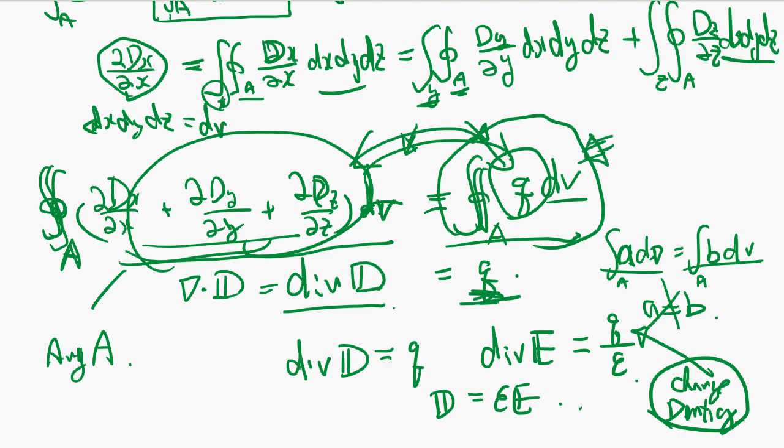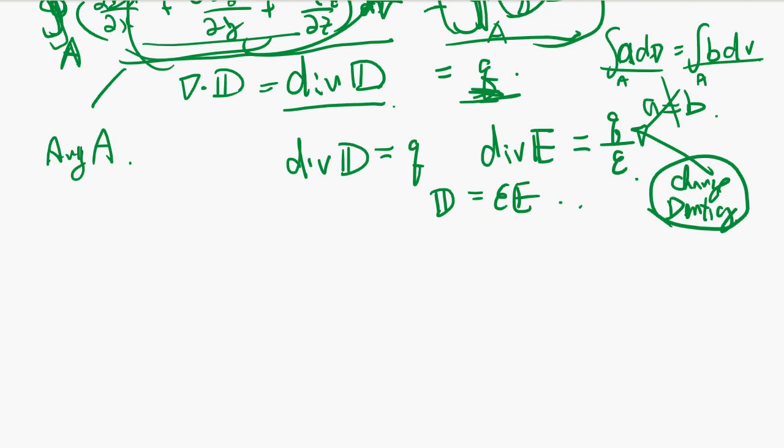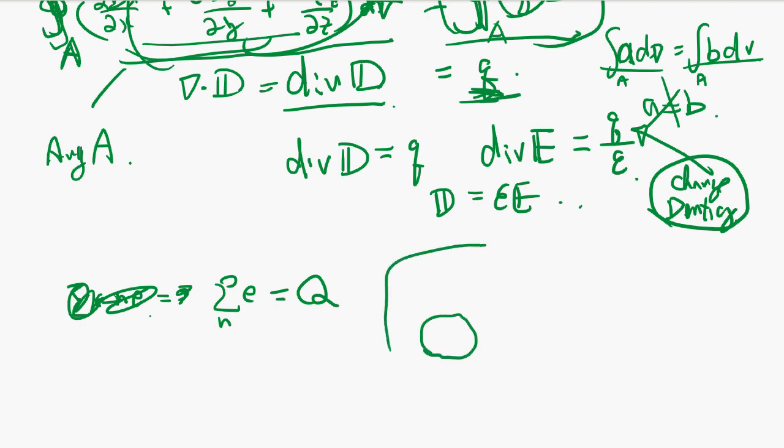So suppose you have N electrons, and N e is the total amount of charge Q. You have a bunch of electrons, and you take some boundary here.